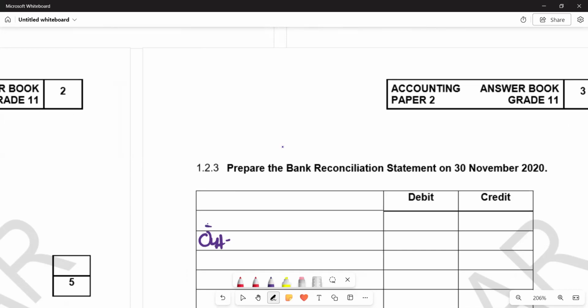Here, say outstanding deposit. Remember, we did locate it there, and we found that it's 19,765. So deposits come on the credit side of the bank reconciliation, 19,765. And then from there, we can now list all the outstanding checks that we have.